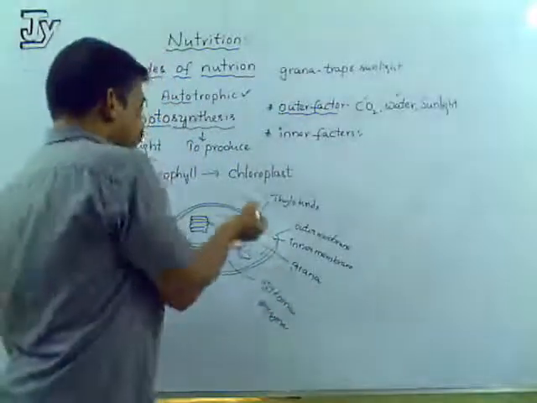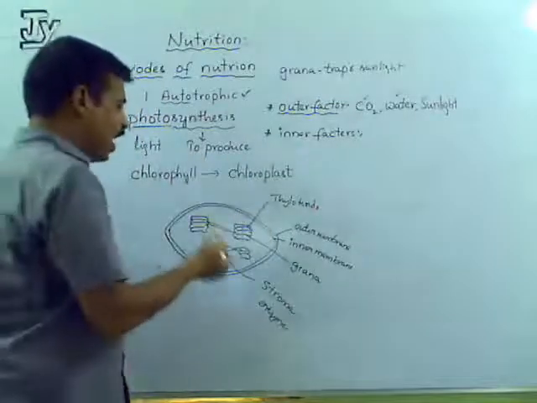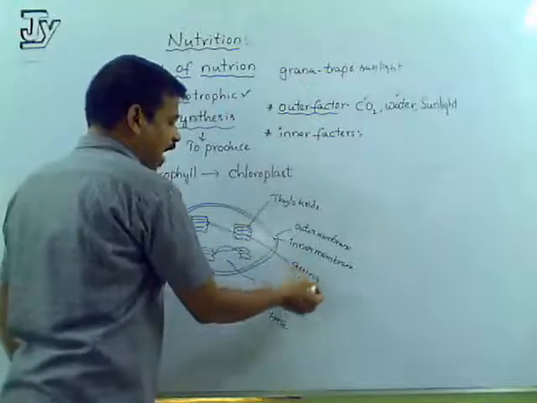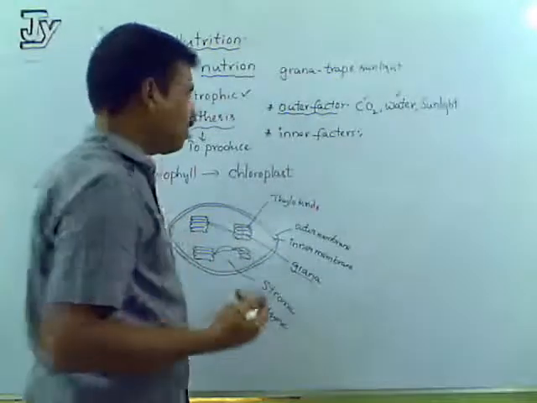Okay. So first of all, the sunlight falls on the chloroplast, and then the grana traps the sunlight. And then what will happen?